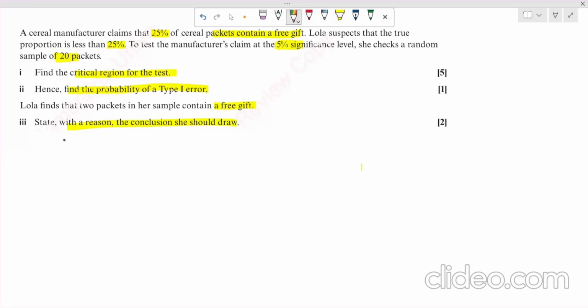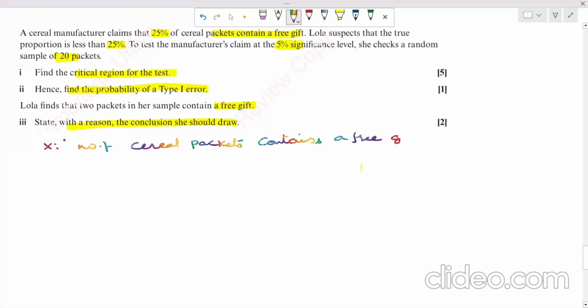Here, X is the random variable: the number of cereal packets that contain a free gift.